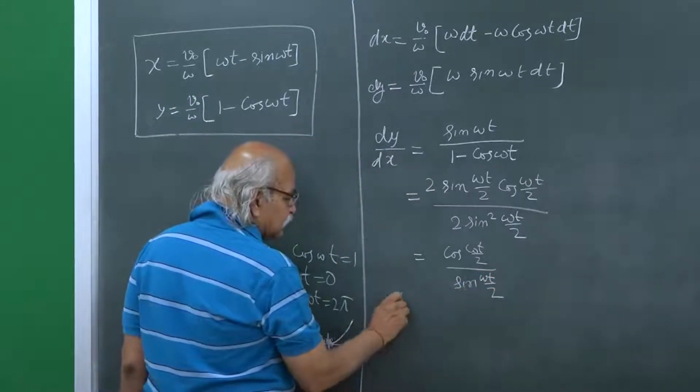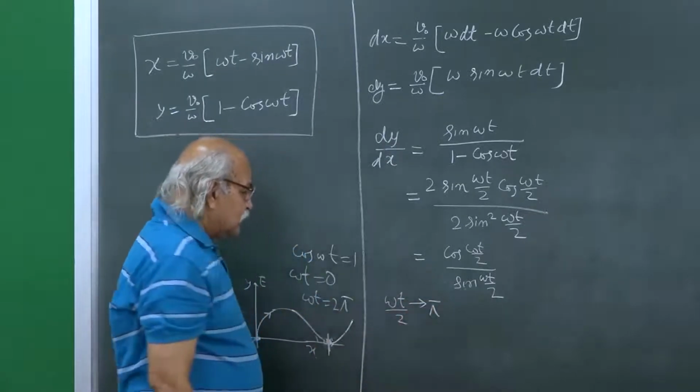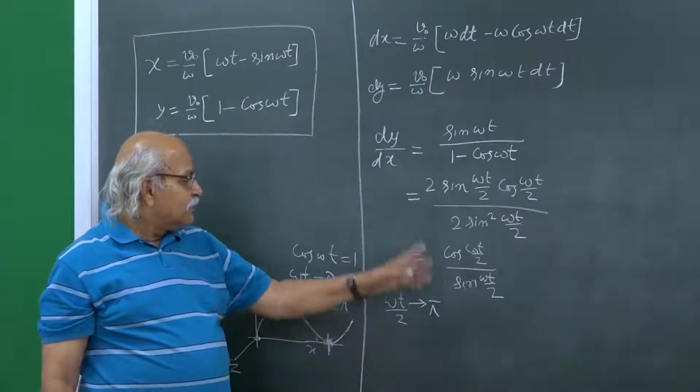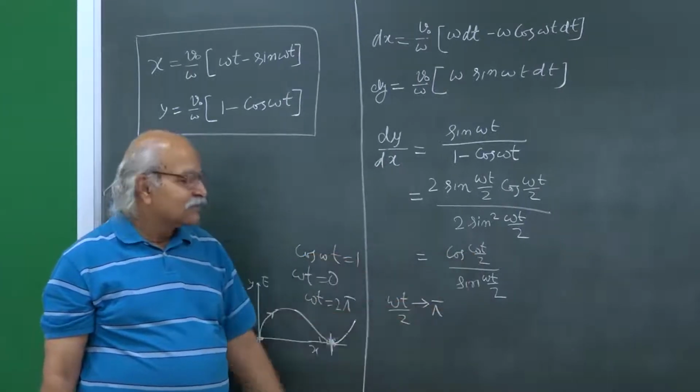And remember, omega t is going to 2 pi in this limit, so omega t by 2 is going to pi.